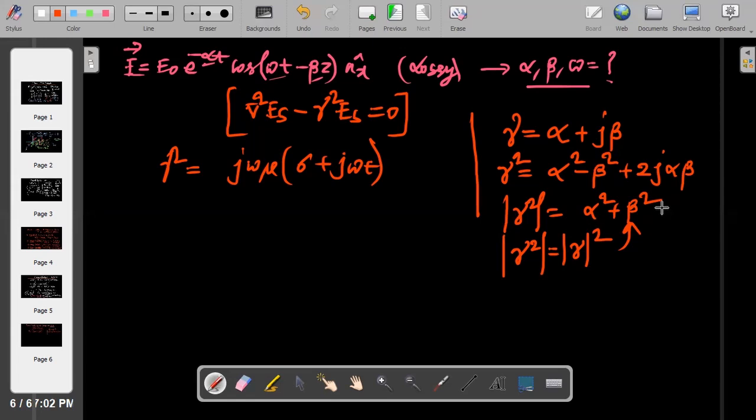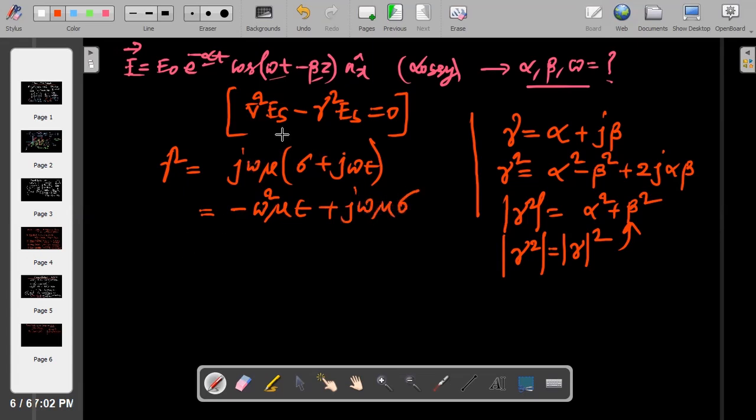Okay. Now, what I can write, now you follow, your gamma square is this one. So you please multiply and make it into real and imaginary parts. If you multiply with this one, it will come minus omega square mu into epsilon plus j omega mu into sigma.